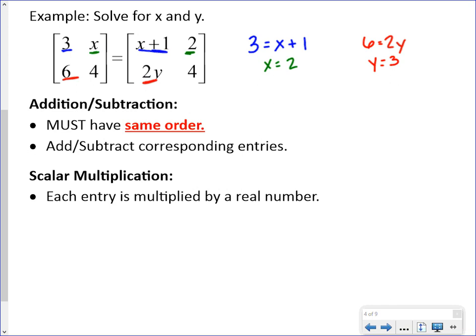And that's because we want every entry in one matrix to have a corresponding entry in the other matrix. That way we can add and subtract those entries. If their orders don't match, some entries won't have anything to add or subtract with, and then you can't do it.